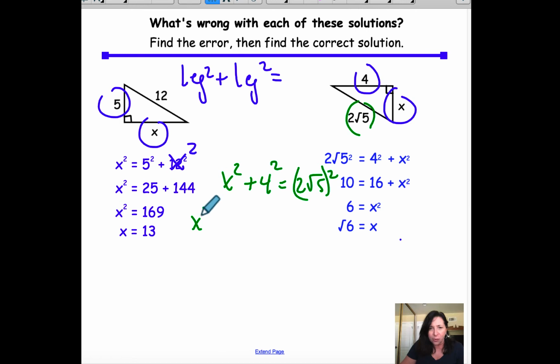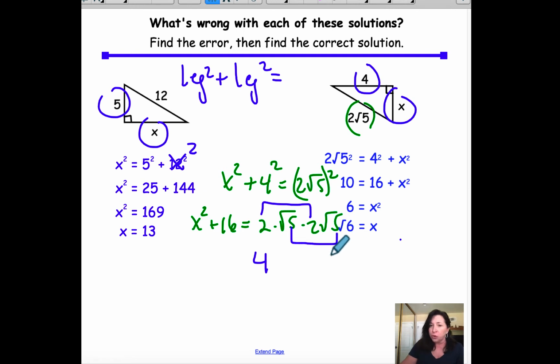So we've got x squared plus 4 squared, which is 16, is equal to 2 root 5 times 2 root 5. Remember, numbers get multiplied with numbers. So that 2 is going to get multiplied by that 2, and that makes 4. Root 5 is going to get multiplied by root 5 and make root 25. And that's what?